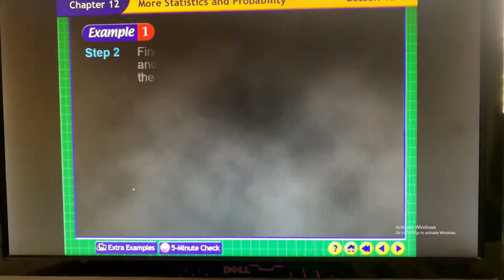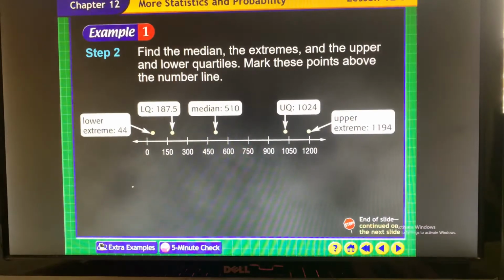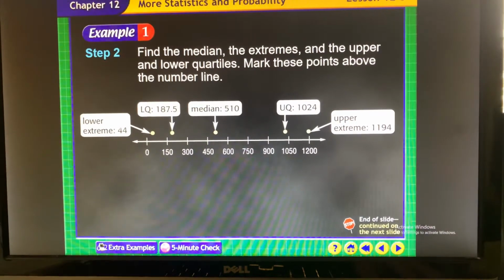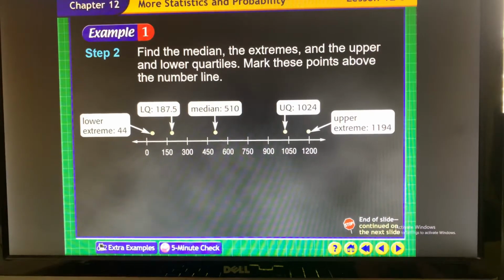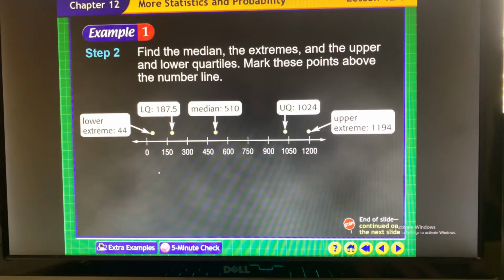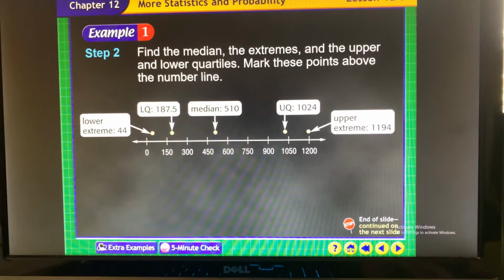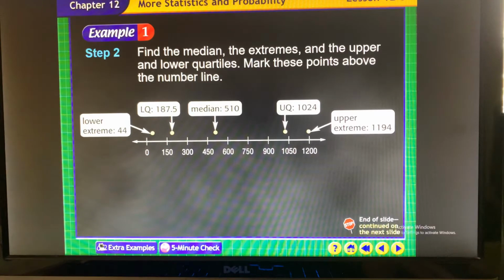Next step is you're going to find the median of the numbers. Once you find the median, you have to find the extreme values. So basically you're finding 5 points. Remember in the previous lesson, I taught you how to split it into 4 quarters for the IQR.